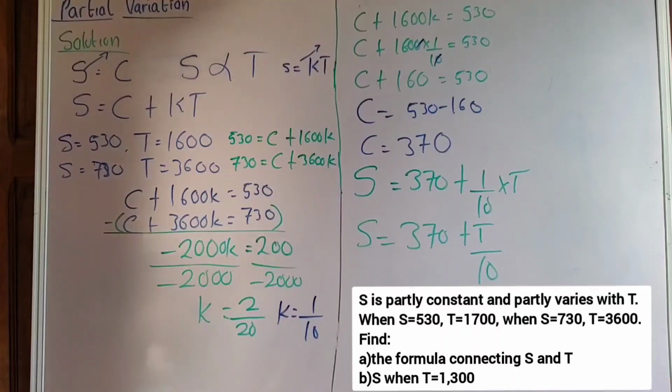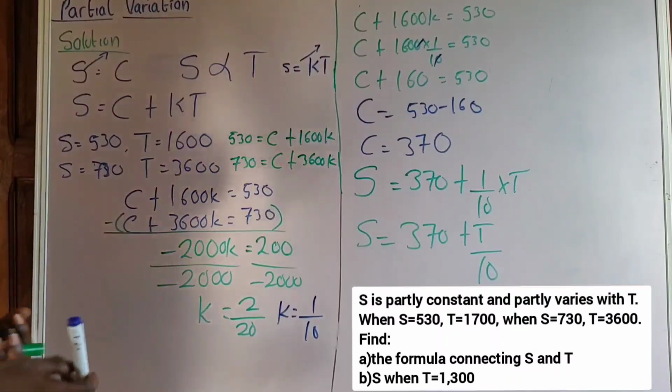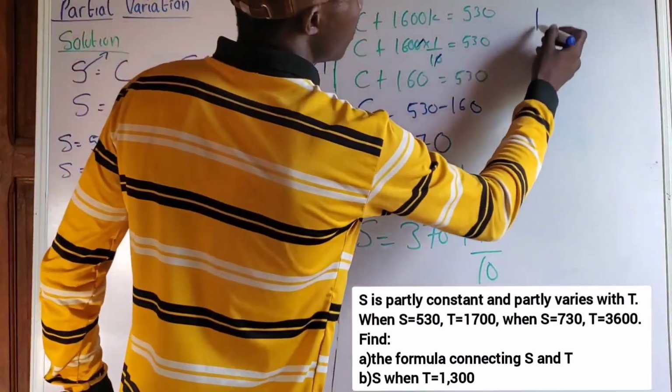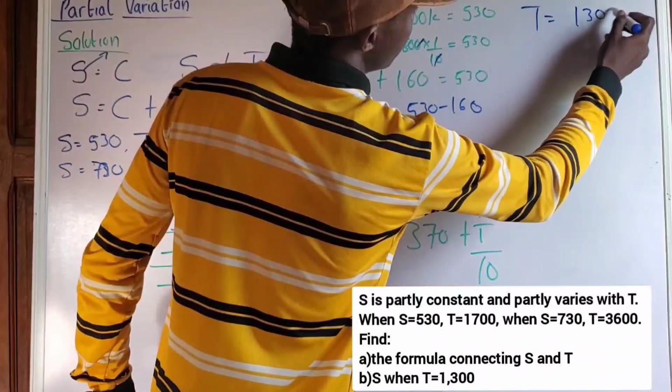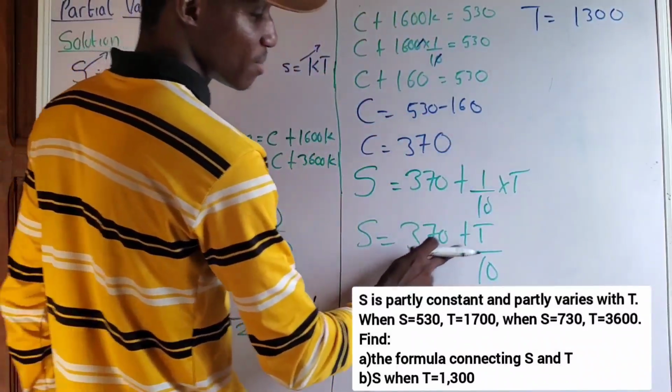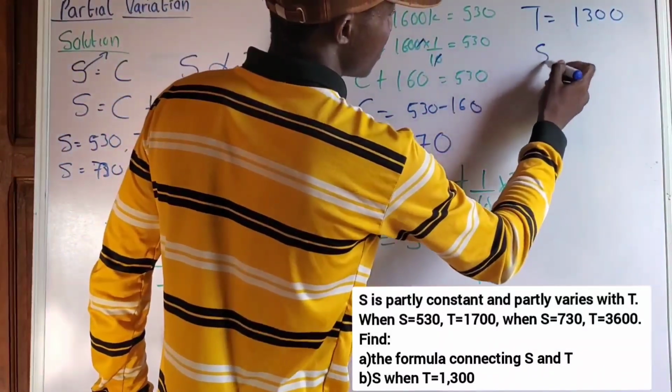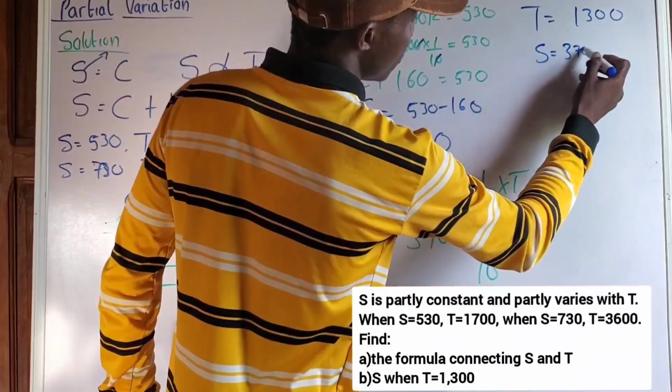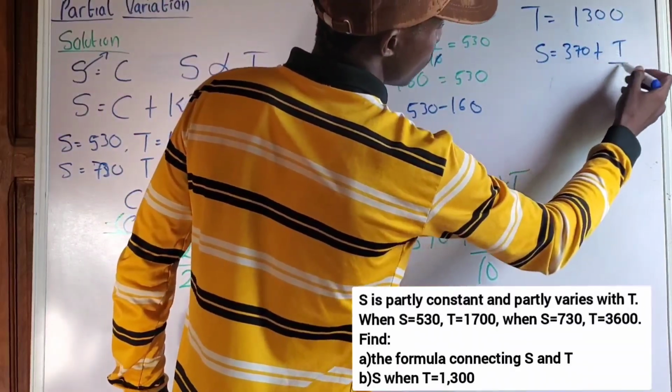Okay, the second question is that we should find the value of s when t is 1300. Well, to get the value of s when t equals 1300, don't forget that s is what? 370 plus t over 10.